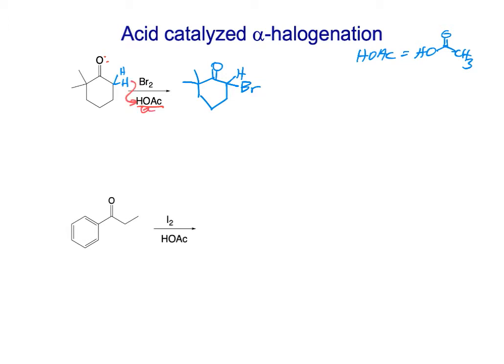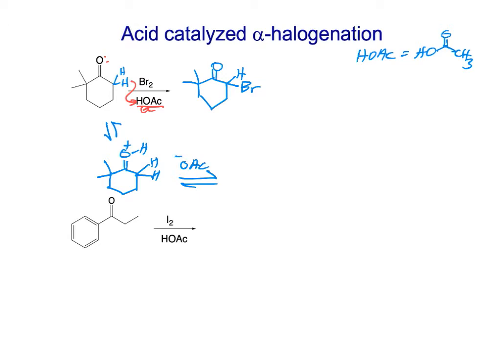Protonation gives us this intermediate here, which, remember, increases the acidity of the protons at the alpha position.